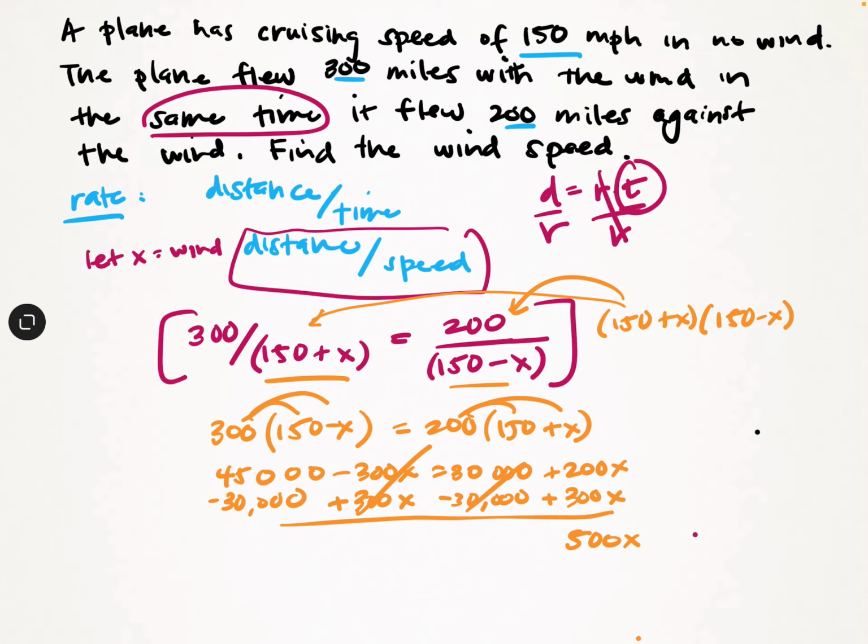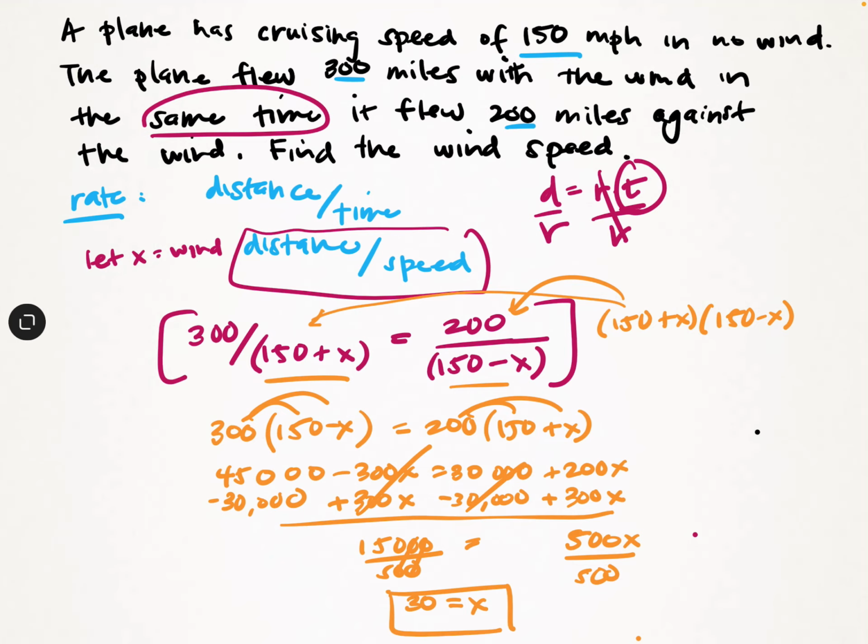So that's going to be 15,000 equals 500x. And then when we divide by 500, we get 30. Okay, so the wind is blowing at 30 miles per hour.